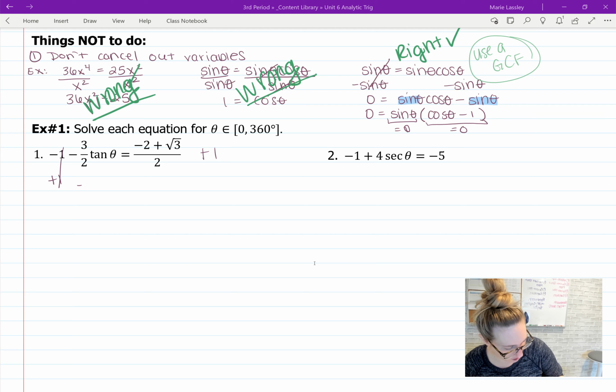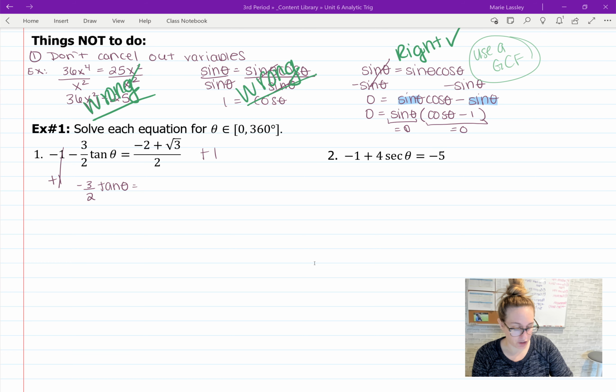I don't want to do this problem without combining it. So I'm going to change 1 to have a common denominator with my fraction. So I'm going to change 1 to 2/2. And now I'm going to add. So I have -2 plus the square root of 3 plus 2 all over a denominator of 2.